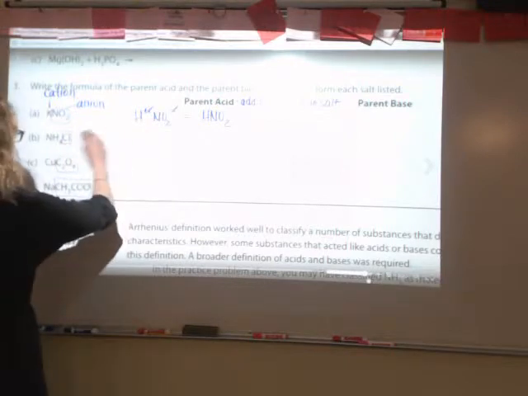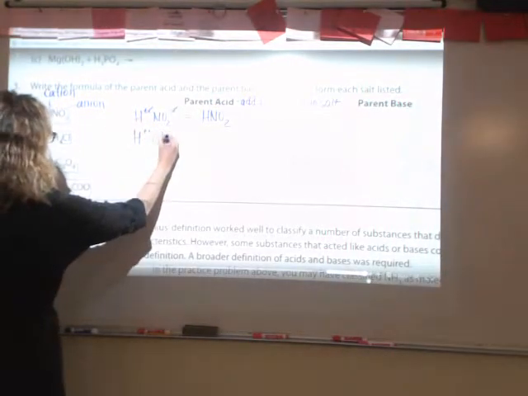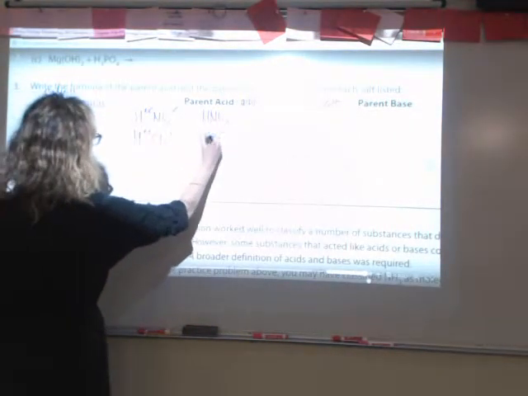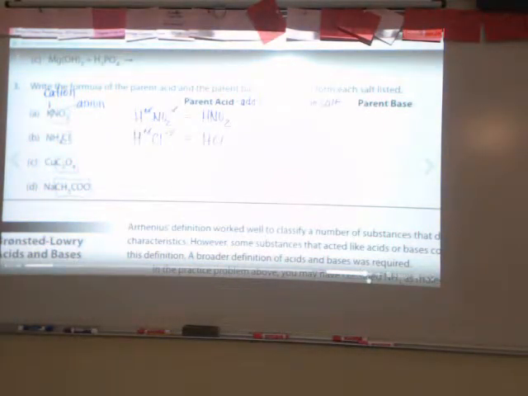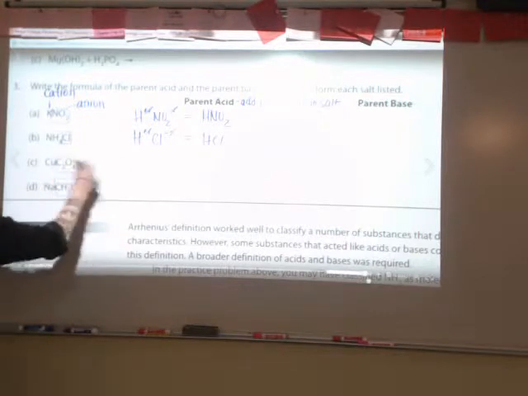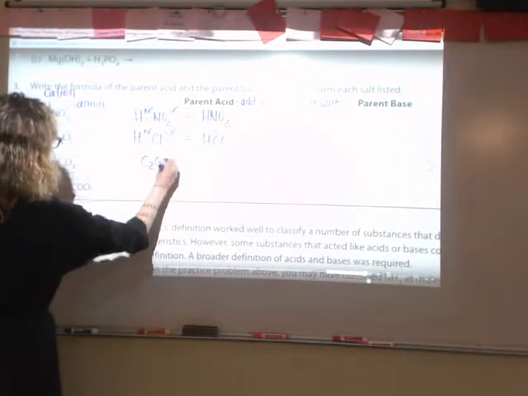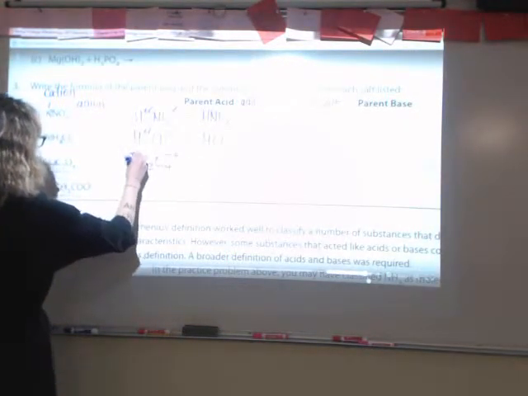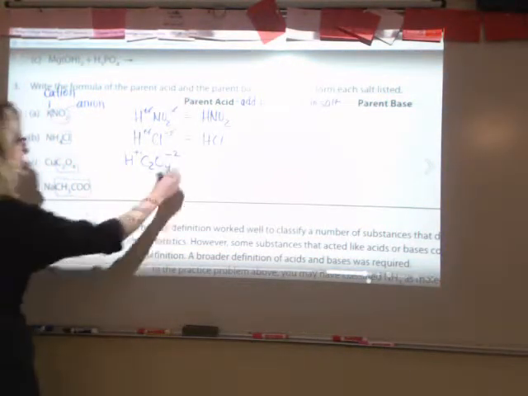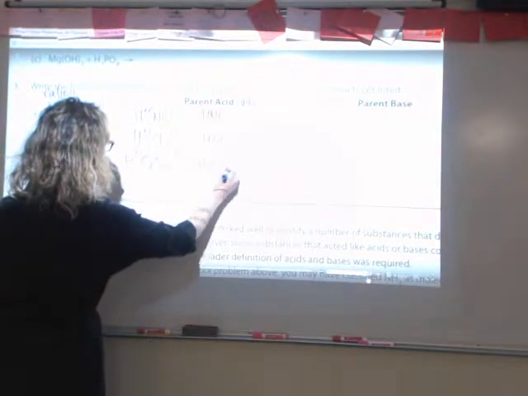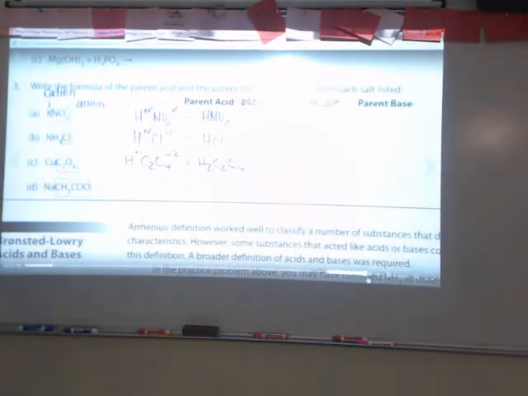And then if I put hydrogen with chlorine or chloride ion, what would I get? HCl, because those will cancel. And then if you look on the bottom left of your periodic table, you're going to see C2O4 -2. So what would I get for the parent acid there? H2C2O4. Exactly. How about the last one?